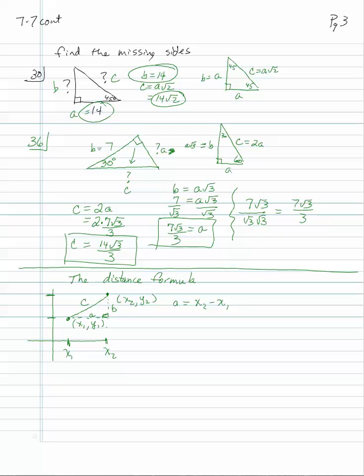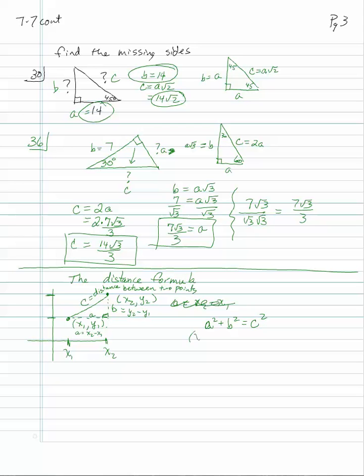And B, I guess I can write it here. A equals x sub 2 minus x sub 1. And B is going to be equal to y sub 2 minus y sub 1. So if I use the Pythagorean theorem, I know that C, which is my distance between the 2 points, so if I wanted to find that C, we use a squared plus b squared equals c squared.